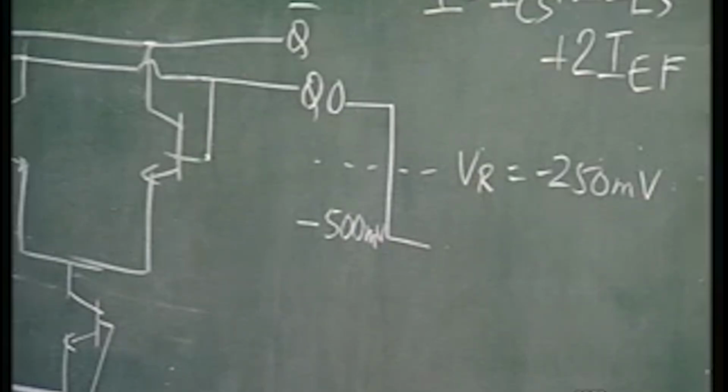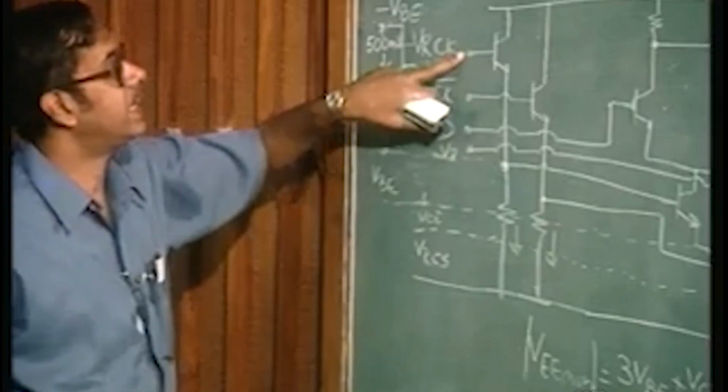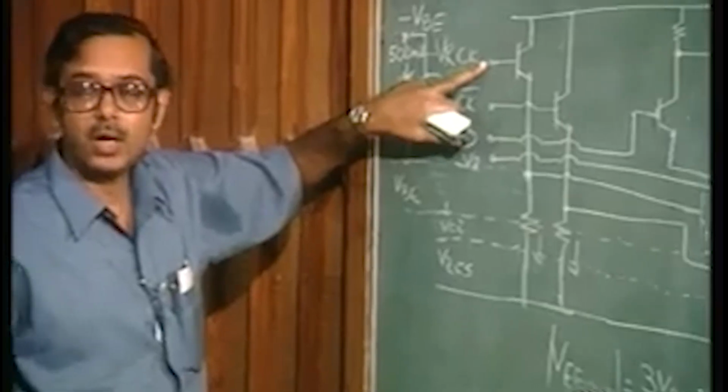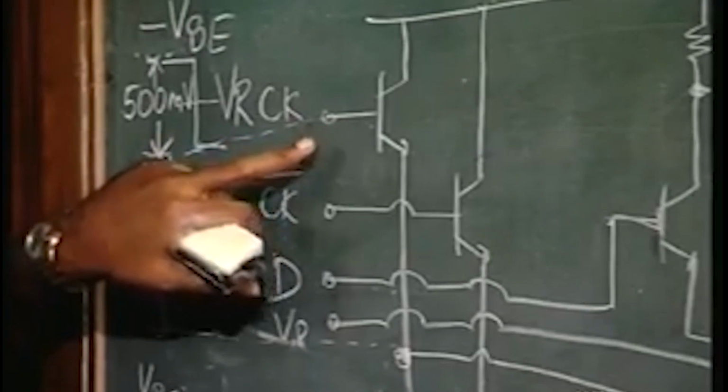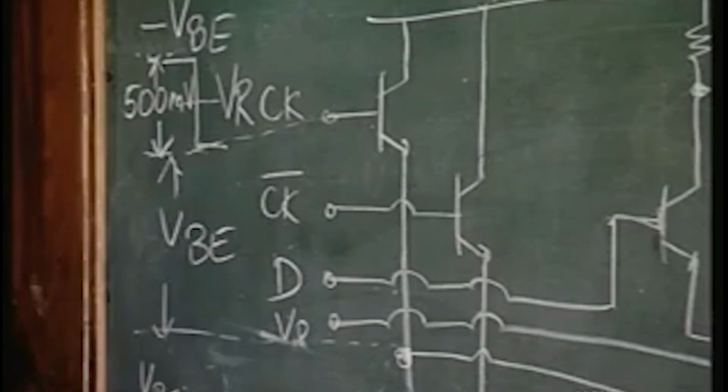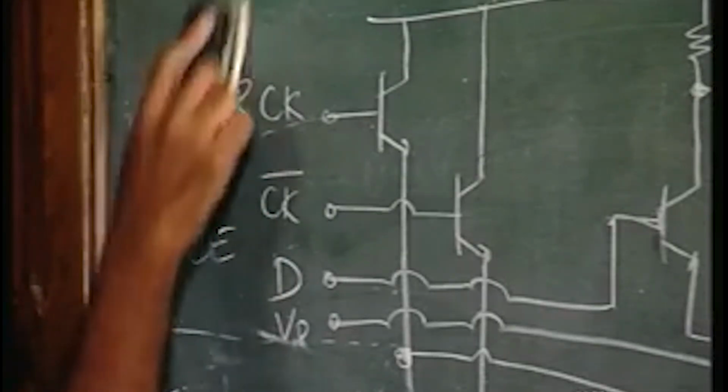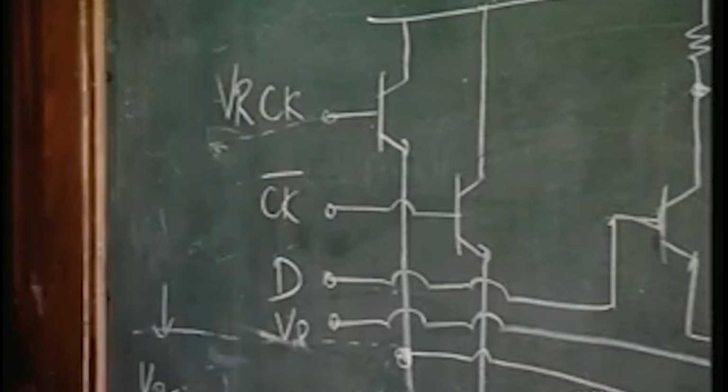So, the input voltage here, at the clock input here, is no longer minus VBE minus 500 millivolts, but it is now from 0 to minus 500 millivolts. Okay. So, what is happening? What has happened now?